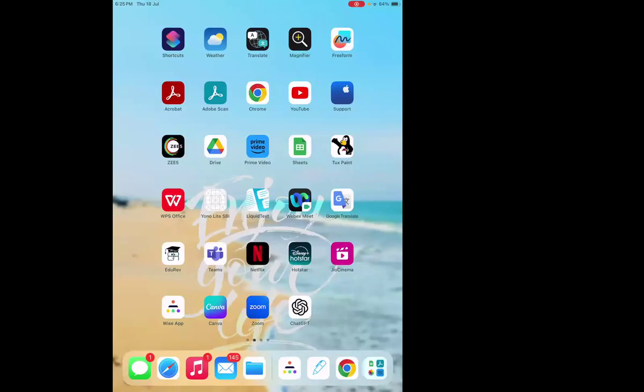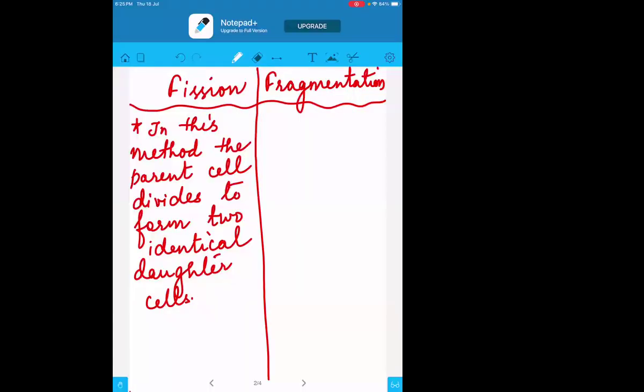Yes, children, how many will be formed during the fission time? Two. Two or more than two, actually. They're talking about fission, not about binary fission. So in the case of fission, in this method, the cell divides to form two identical daughter cells or more than that. And here we should talk about the binary fission actually. So I did binary fission.